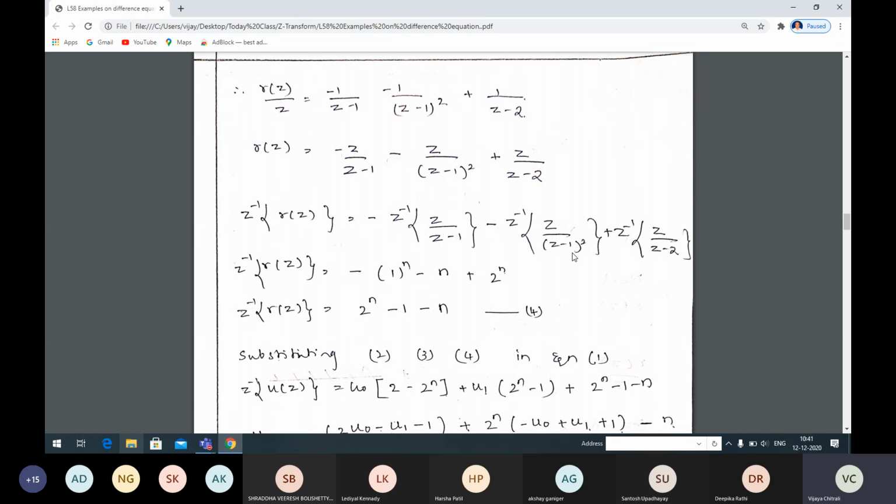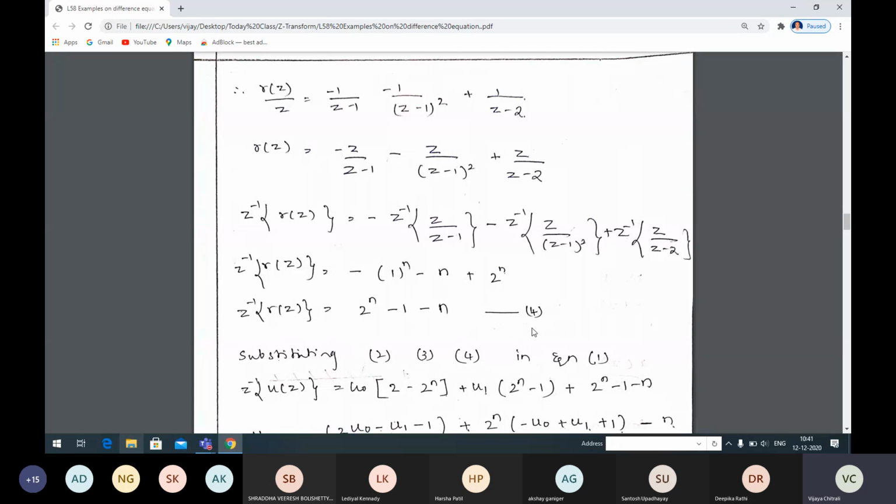Minus, z inverse of z divided by z minus 1 raised to 2 is n, so minus n. Plus, here a is 2, so 2 raised to n. Taking the positive term first, this is 2 raised to n minus 1 minus n. This is z inverse of R of z.